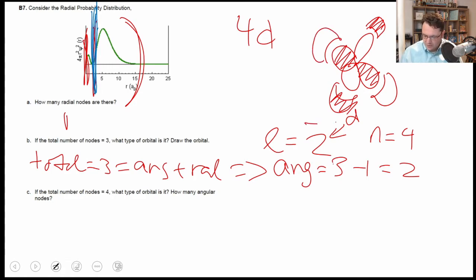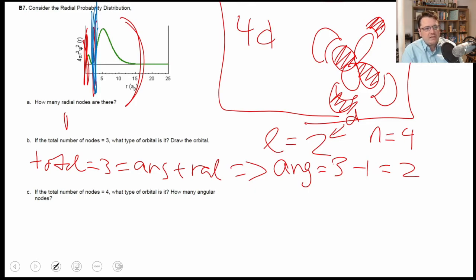That is the 4d orbital in this case. You can see the radial node, where you have that invisible sphere that cuts the lobes, and you can still see the angular nodes that designate that it's a d orbital. That's part B.